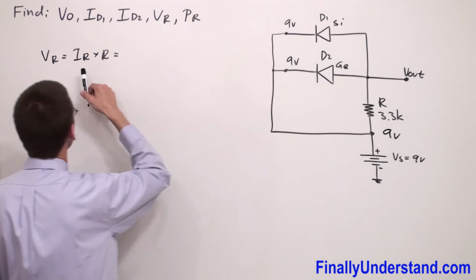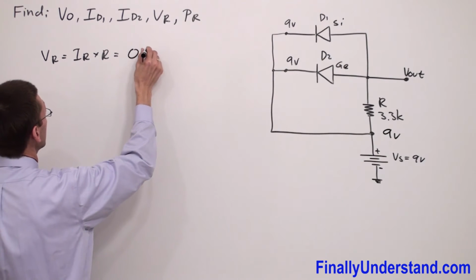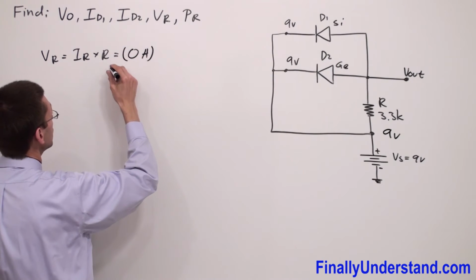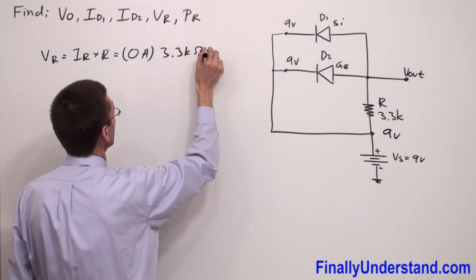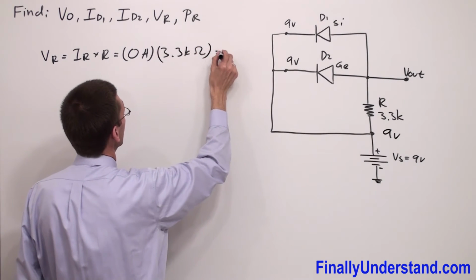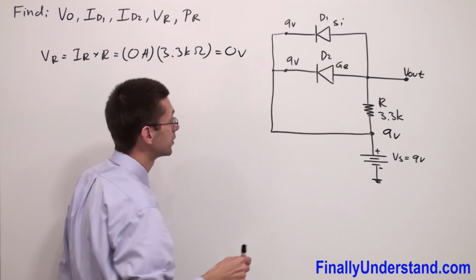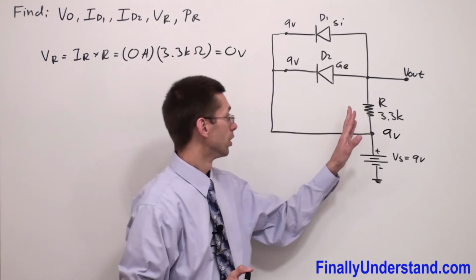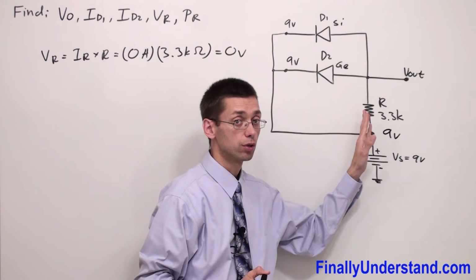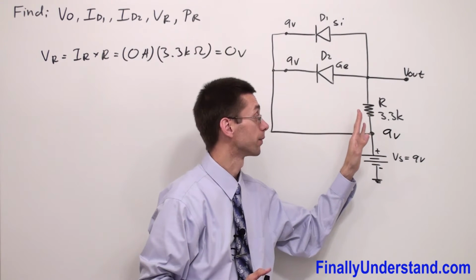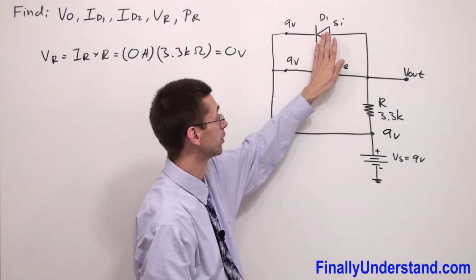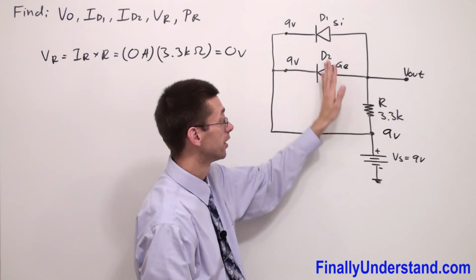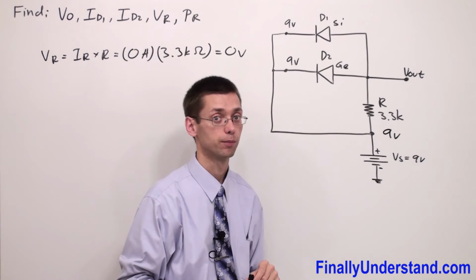It means that IR is equal to 0 amps times the resistance 3.3 kilo ohms is equal to 0 volts. It means that the voltage across the resistor is equal to 0 volts. One more time, because these two diodes are not working, current is not flowing.